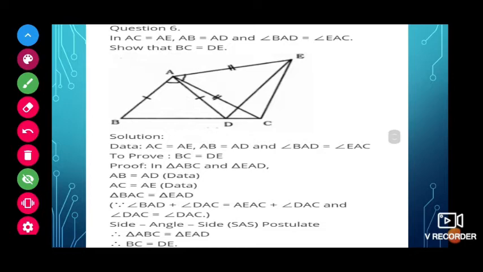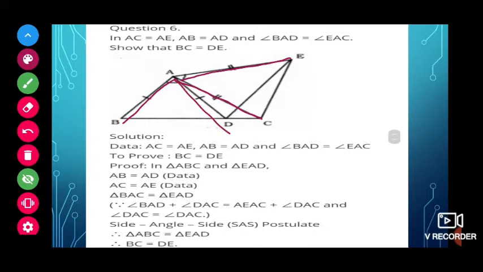Next, question number 6. In this figure, AC is equal to AE. Yes, there is AC. Yes, AC is equal to AE, and AB is equal to AD.